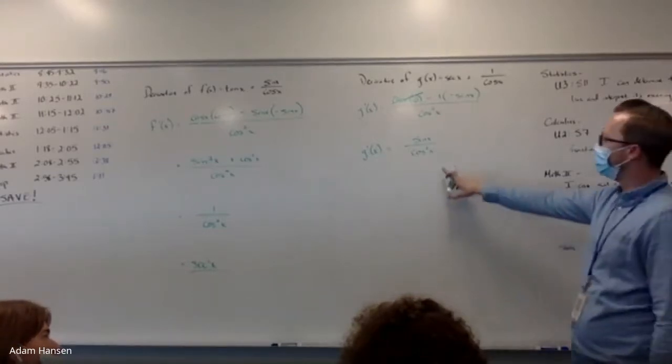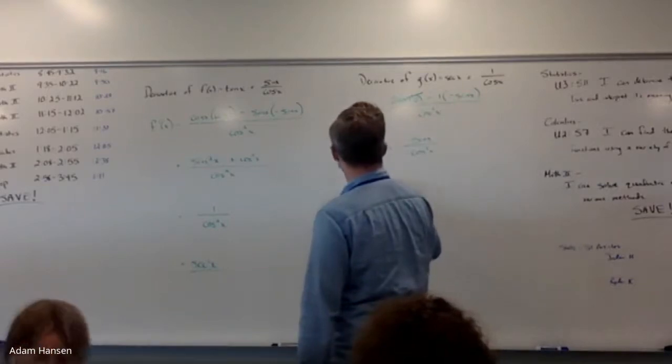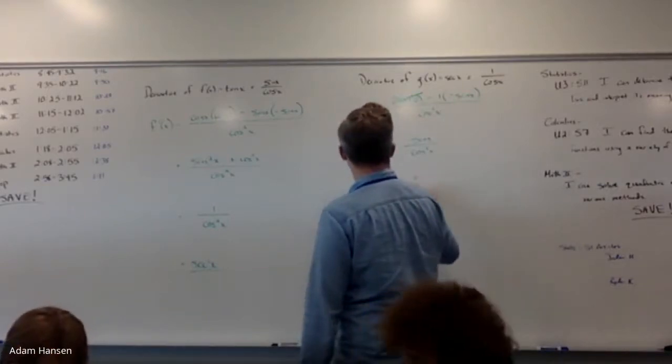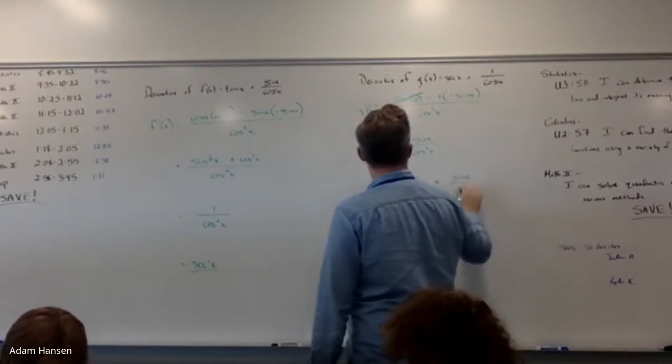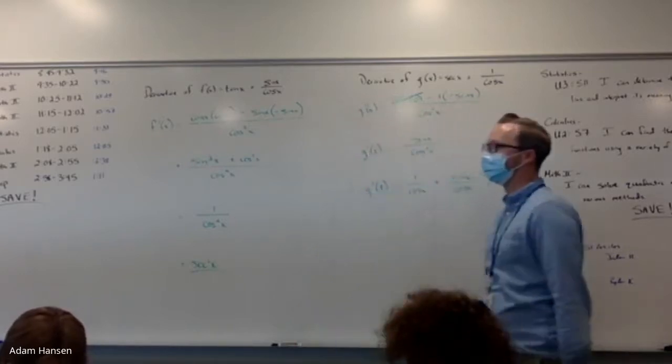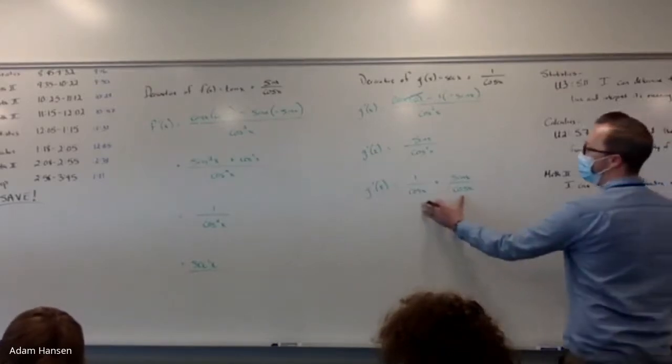Cosine squared is cosine x times cosine x. So I'm going to write that as 1 over cosine x times sine x over cosine x. I'm going to split apart this quotient. Instead of sine x over cosine squared, it is 2 cosines being multiplied together.